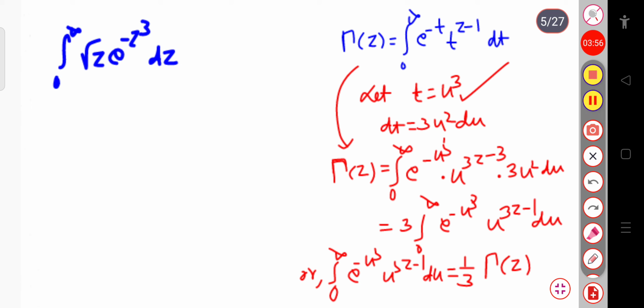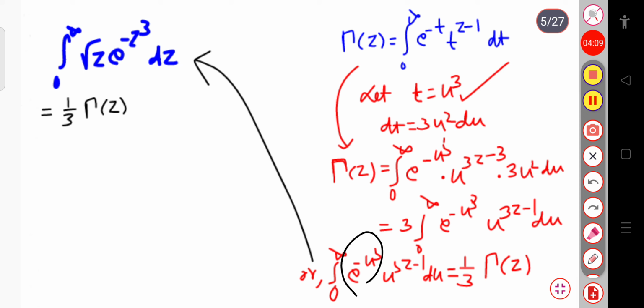Now in place of this expression, I will substitute the value, which will be 1 by 3 into gamma of z. Now you can compare with this expression: e power minus u cube means exponential minus z cube, so here u equal to z. In place of u power 3z minus 1, here the z power is 1 by 2.